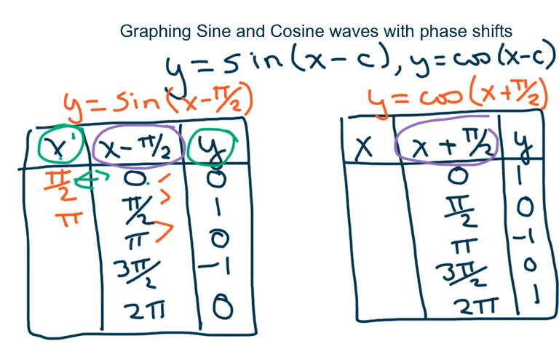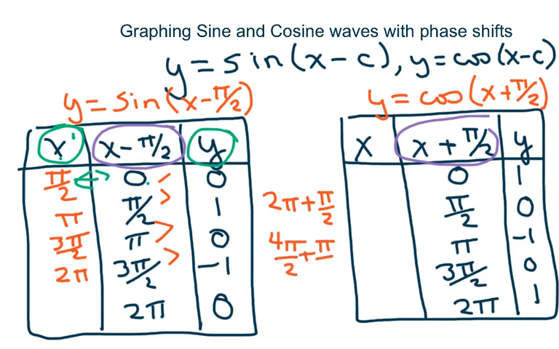So this is going to be 3 pi over 2, then 2 pi. And now what I have to do is add 2 pi plus pi over 2. That's 4 pi over 2 plus pi over 2, because we have the same denominator, which gives me 5 pi over 2.